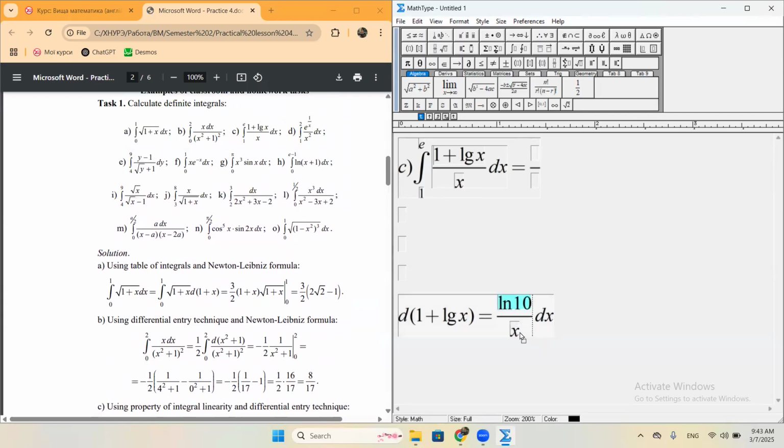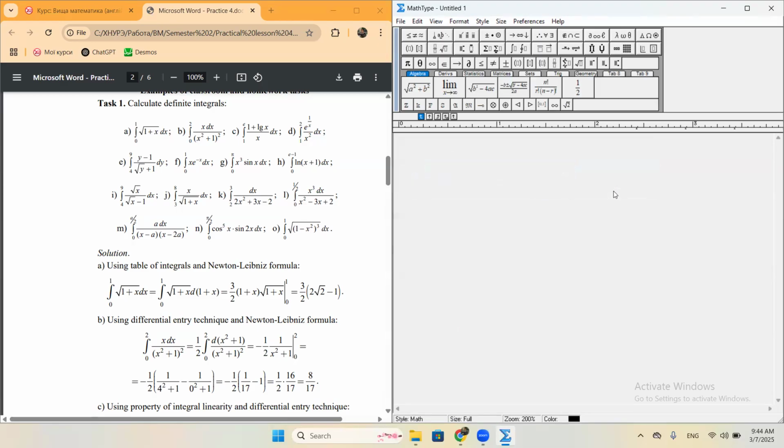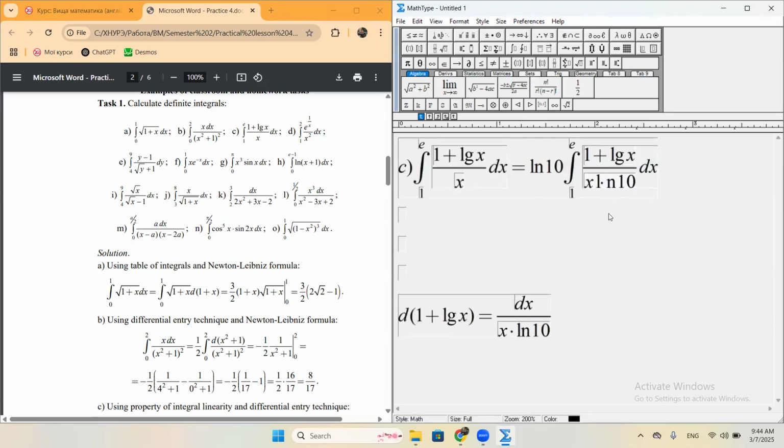I forgot a little bit. When we differentiate a logarithm, we divide by the natural logarithm of 10. And multiplied by this integral, here we also need to divide by the logarithm of 10. Correct, now correct.